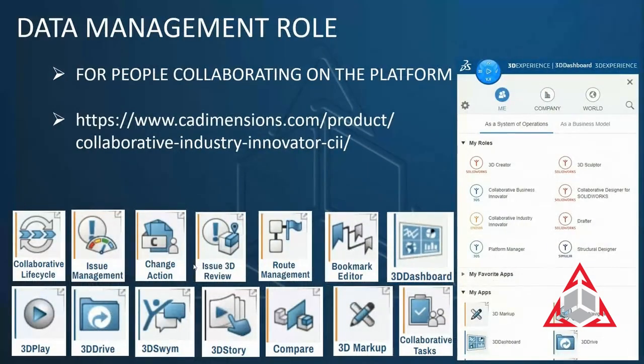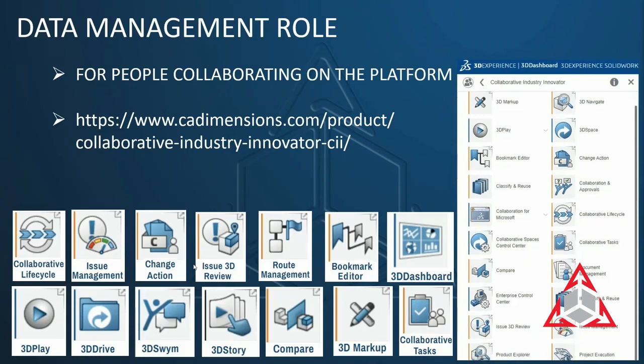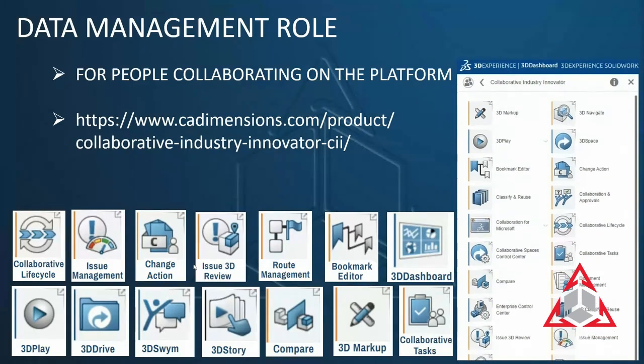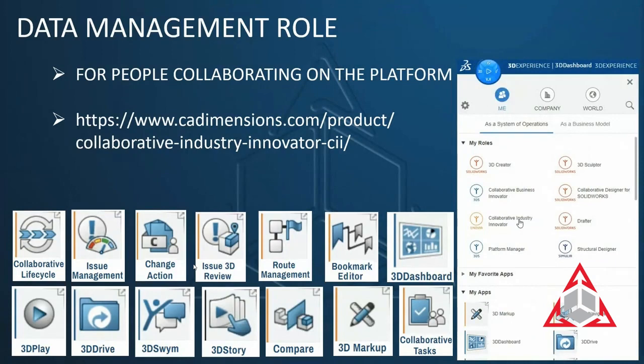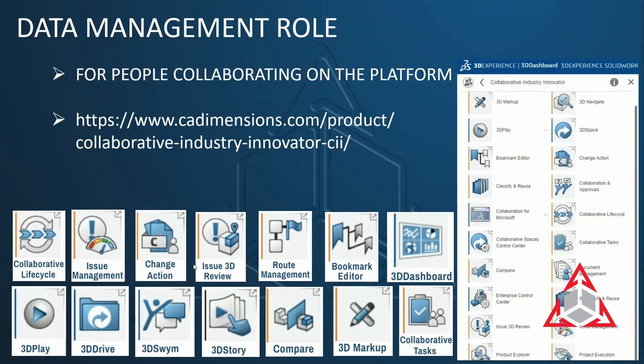Now the next one is the data management role, and there's a lot more in it than the foundational one. This is where it gives you all sorts of different tools for change management. On top of those foundational roles, this is where you can get your tasks and things of that nature.